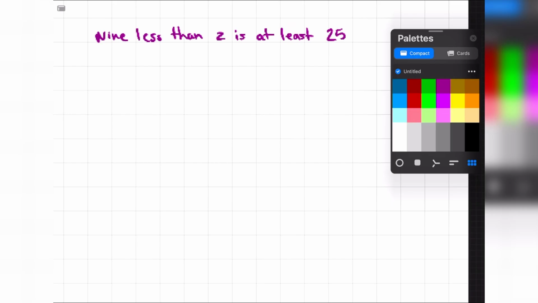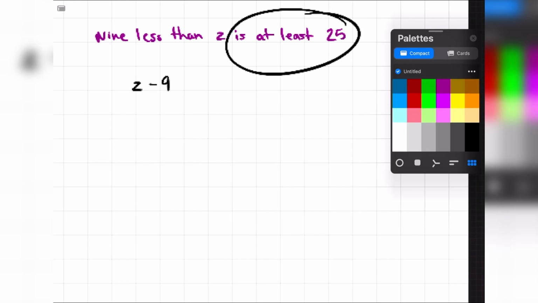I write it backwards, but I read it forwards. So, 9 less than z. And there you have it. Rather than having to figure it out, this is just how I do it: 9 less than z. And now we do is at least 25.